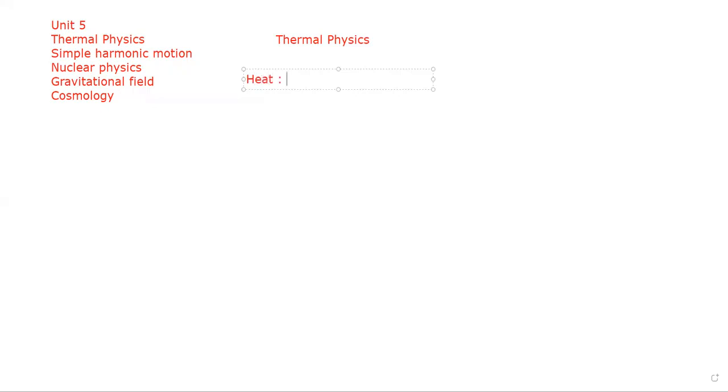Heat, how we define heat, it is the total energy of molecules, and temperature is the average kinetic energy of molecules.